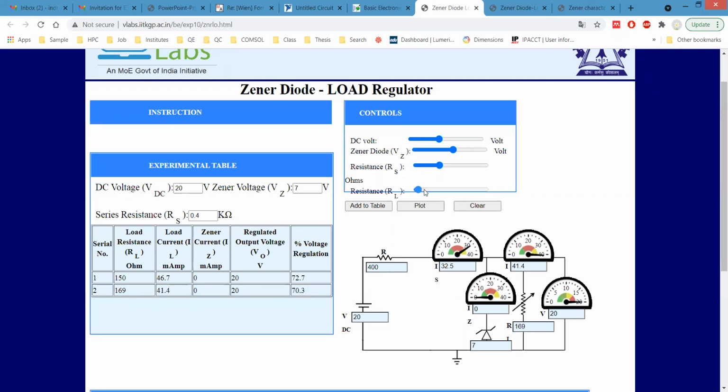Let's change it to 30, then you can see the changes. It is at the Zener voltage. So this is the reason why we are having this kind of nature. Is it clear? Yes, sir. Clear. Good.